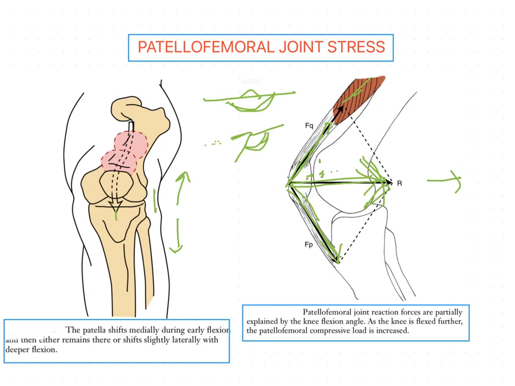The elastic properties of the tendon, so the quadriceps tendon is going to stretch. So this is also increasing the joint reaction force, because the knee joint angle is increasing, isn't it?